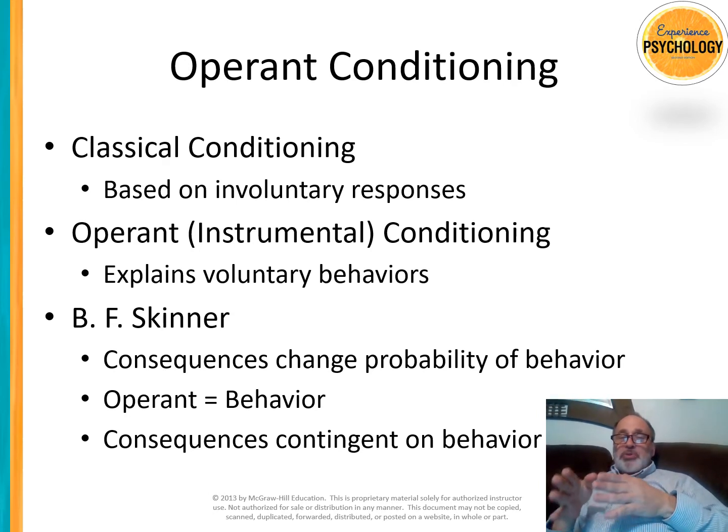And each time you successively are rewarding that bird for an approximation closer to the behavior that you want. So that type of operant conditioning is called shaping, where you're slowly shaping the behavior to be more and more what you want it to be.